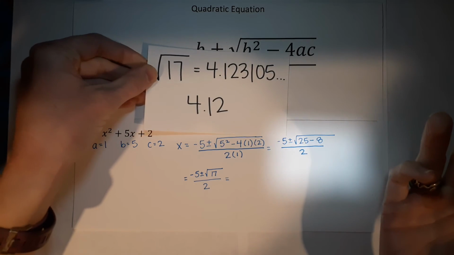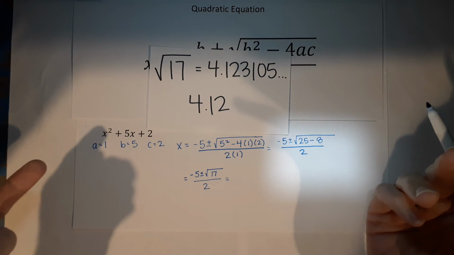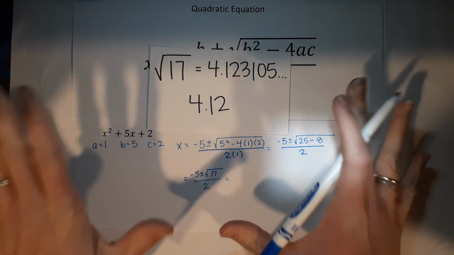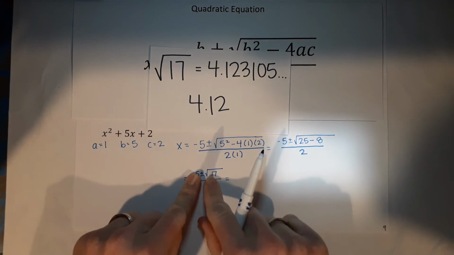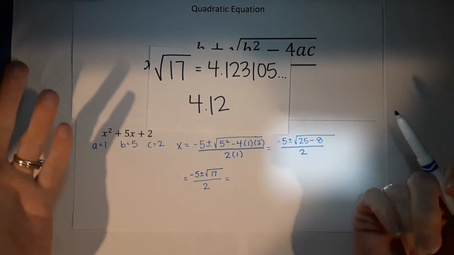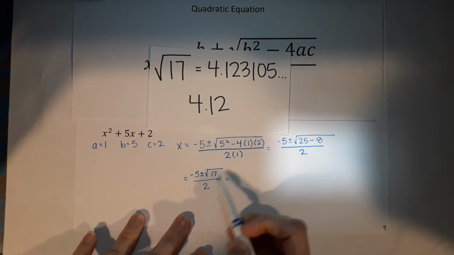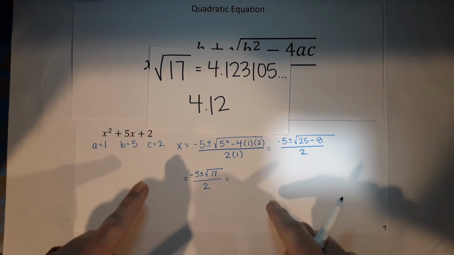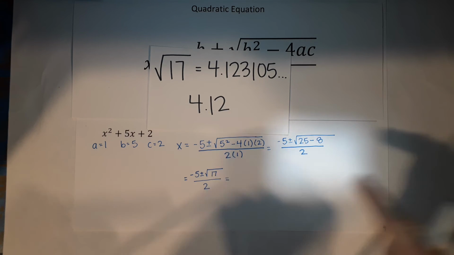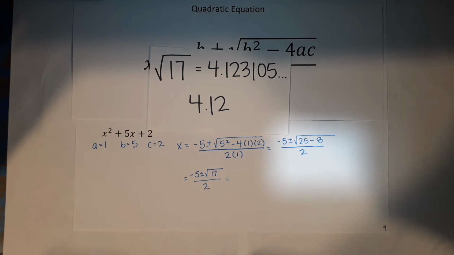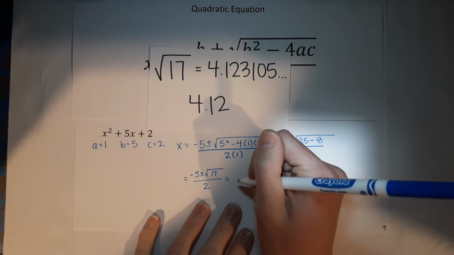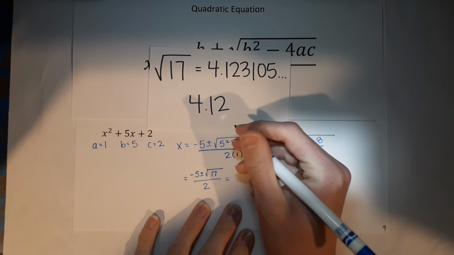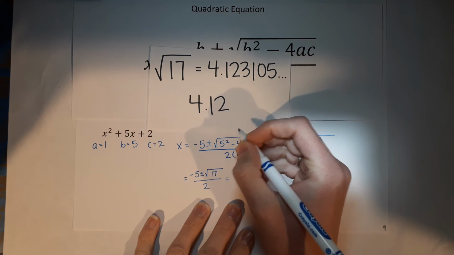Okay? So also, some teachers might want you to leave it as a square root. Okay? In that case, this would be your answer. Okay? You could write it out twice where one's the plus, one's the minus. Anyway, but we are going to do the decimal.